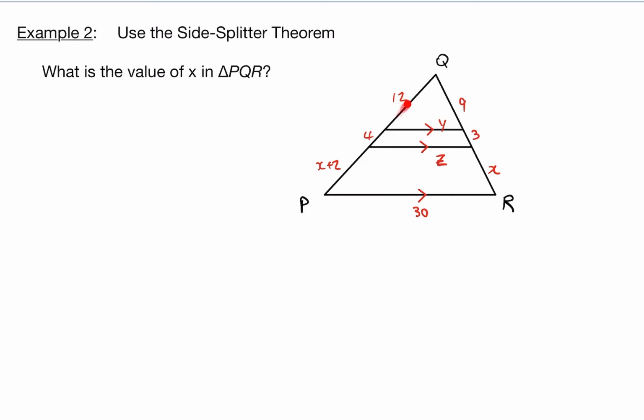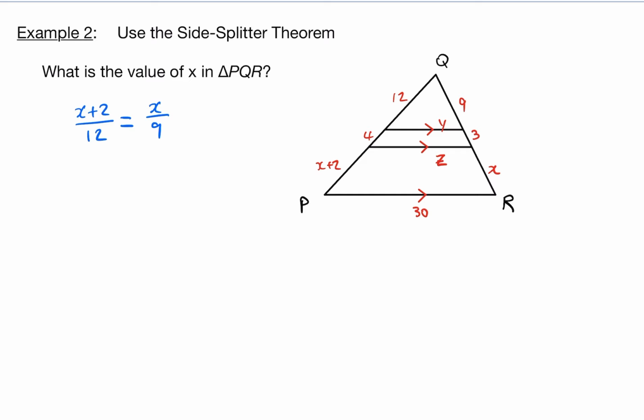The ratio of x plus 2 to 12 is the same ratio as x to 9. So let's write that down. The ratio of x plus 2 to 12 is equal to x over 9.